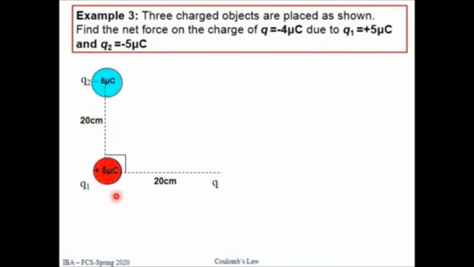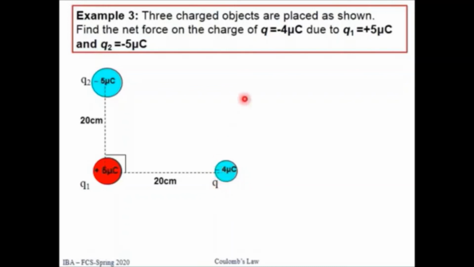You can see here we have a combination of three charges. Plus 5 microcoulomb is placed at the origin. Minus 5 microcoulomb is placed on the vertical axis, 20 centimeter apart from the origin, and minus 4 microcoulomb is 20 centimeter apart from the origin on the x-axis.